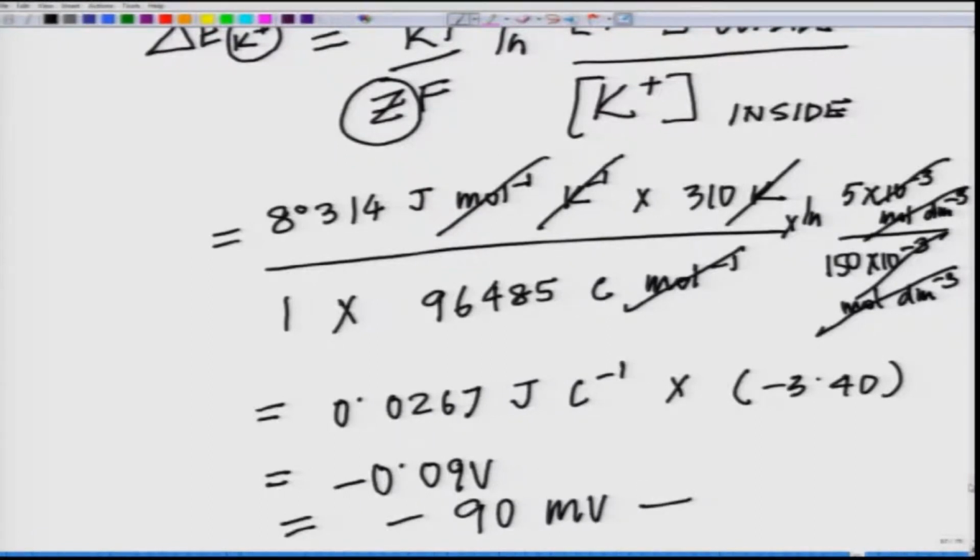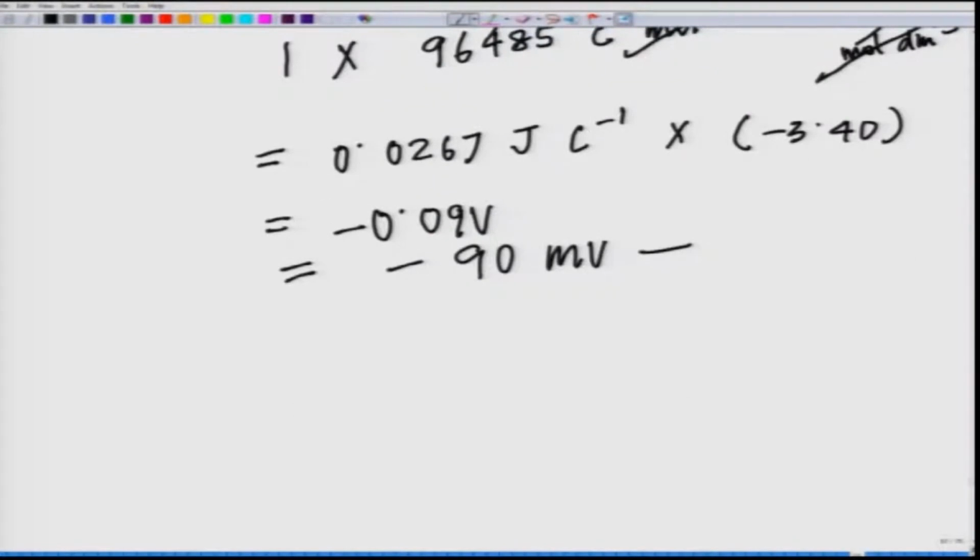Now, this is the reason: the concentration of potassium ion dictates the membrane potential, and this is the fundamental reason why a cell sits at minus 90 millivolt.